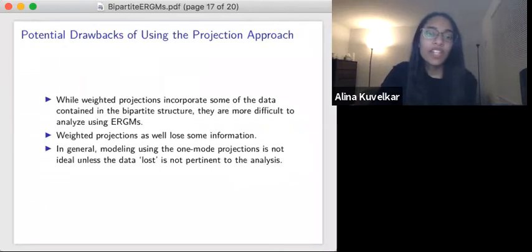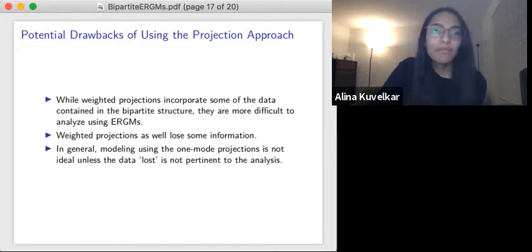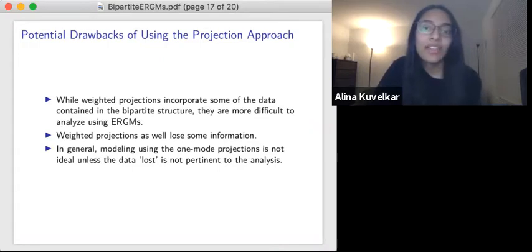While the weighted projections do help retain some of the information that's contained in the bipartite structure, they are not without drawbacks of their own. One of them being that they're often more difficult to analyze using ERGMs. Another is that they do lose some information.